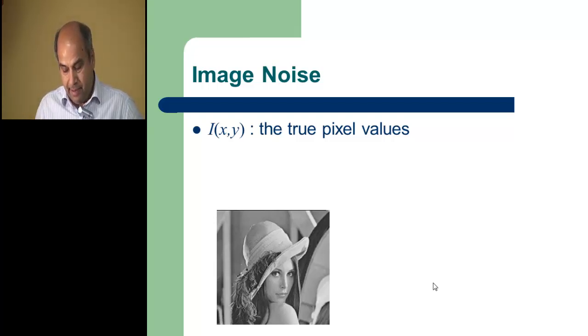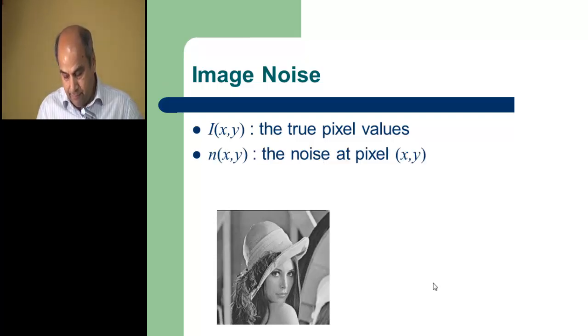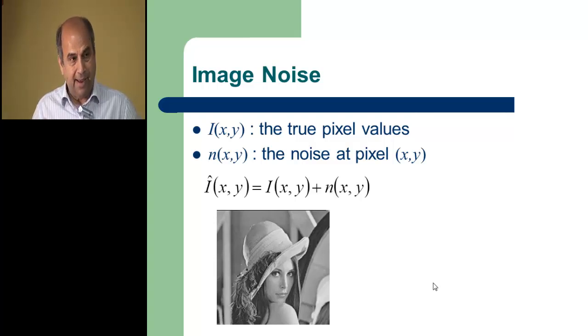So let's say we have an image I, and since I say it's a matrix of numbers, we will have 2 indices, x and y. So x will tell you what row it is, and y will tell you what column it is. So the true pixel value may be I(x,y), it may be something like 30, but what we are going to observe will have some noise in it, and to simplify we will use this additive noise model.